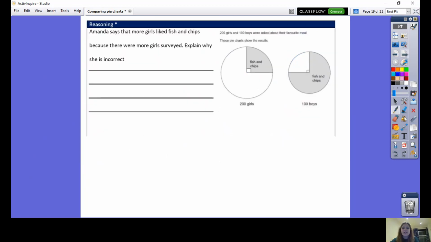Okay, next questions. The reasoning question here. Amanda says that more girls liked fish and chips because there were more girls surveyed. Explain why she is incorrect.